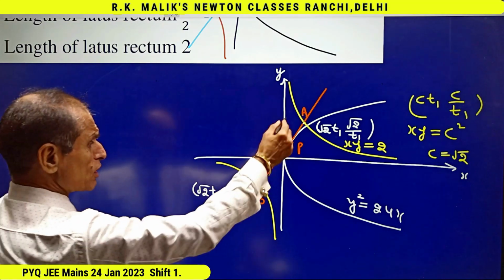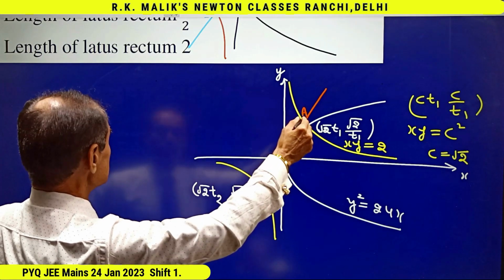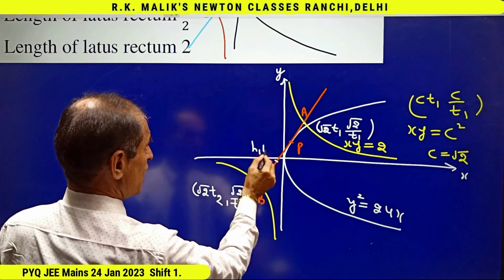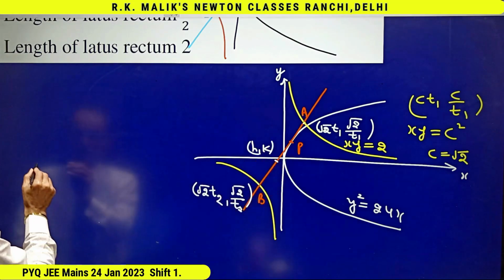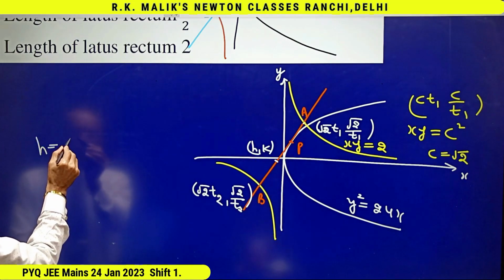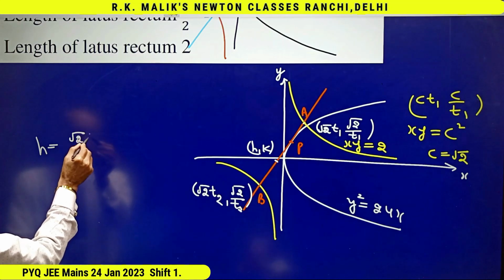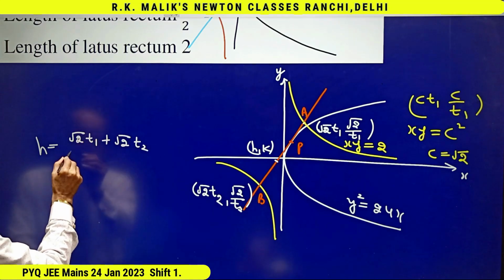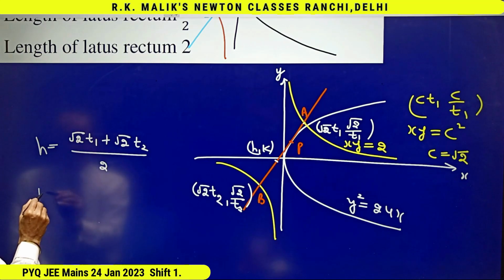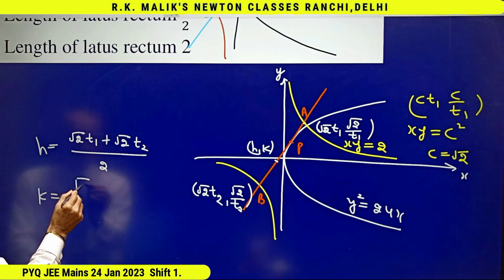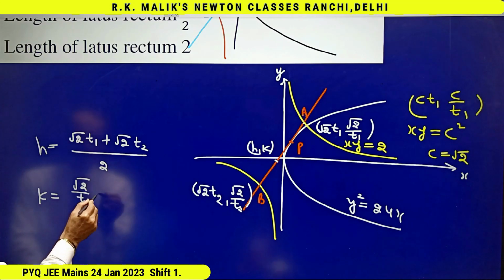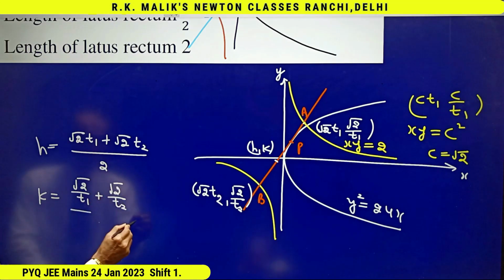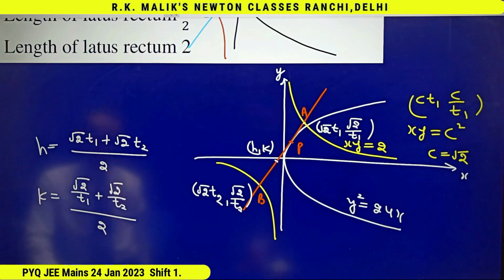As we have to find the locus of the midpoint of AB, I suppose the midpoint as (h, k), then h will be equal to root 2 t1 plus root 2 t2 by 2, and k will be equal to root 2 upon t1 plus root 2 upon t2 by 2.